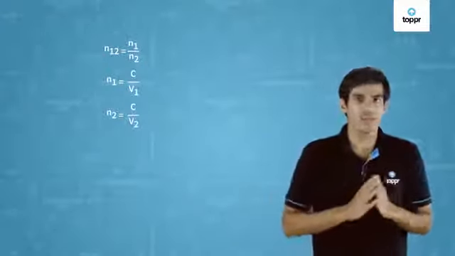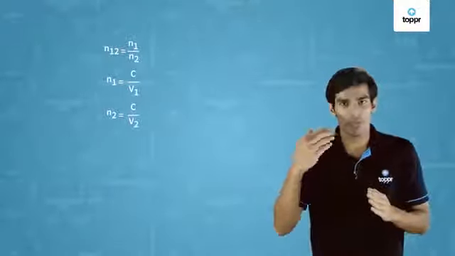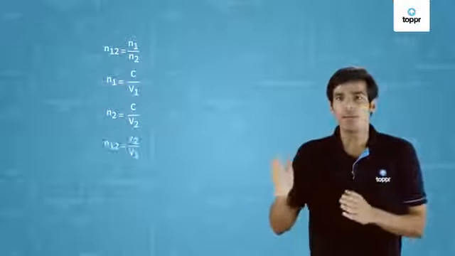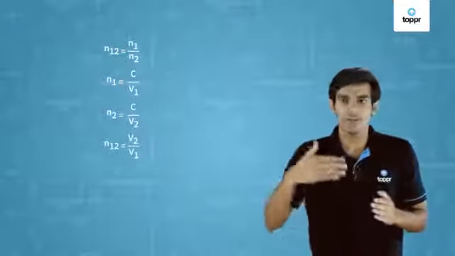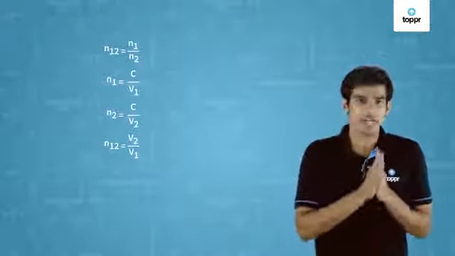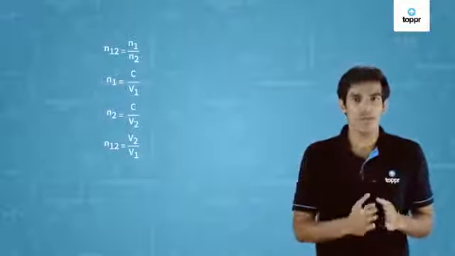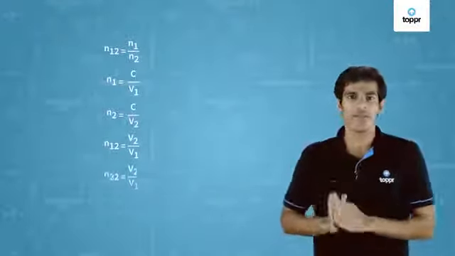Thus, on solving this equation, we get the refractive index of medium 1 with respect to medium 2 is equal to v2/v1, and we represent it as n12. The refractive index of medium 2 with respect to medium 1 is equal to n2/n1, which is further equal to v1/v2.